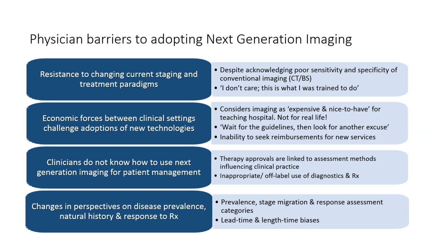Clinicians also don't know what to do with next generation imaging technology because, as we've already said, therapy approvals are linked to the assessment methods, thus influencing clinical practice. And of course, we have changed the perspectives, not only on disease prevalence, but also on natural history. We've caused stage migration, and we didn't even talk about lead time and length time bias.